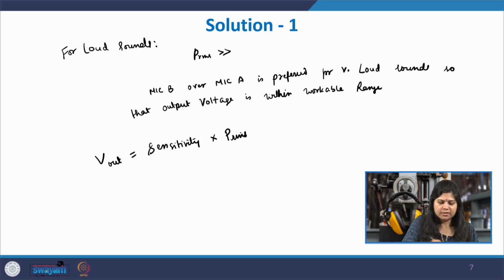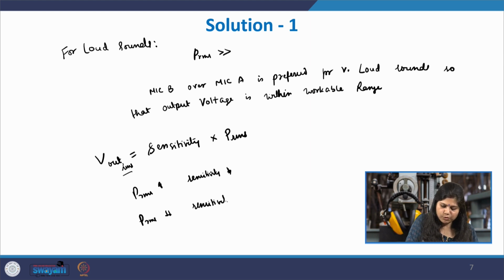Okay. This is the VRMS. So, for loud sounds, if PRMS is high, okay, so we can do away with less sensitivity also to keep the voltage within workable range, and if the PRMS seems to be very low, then we need a more sensitive microphone to obtain not weak but slightly strong and readable signals. Okay.